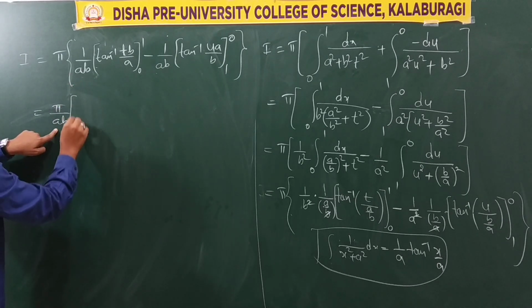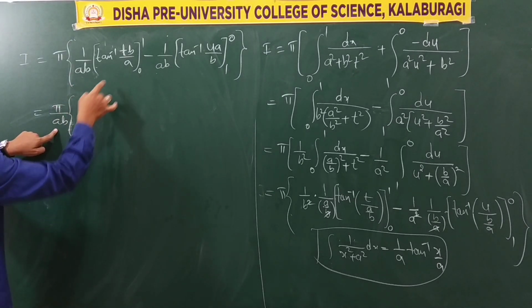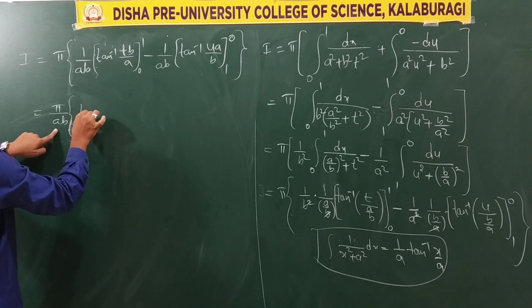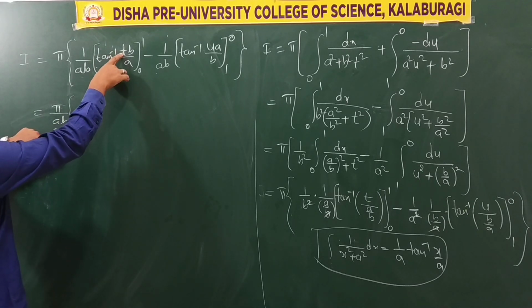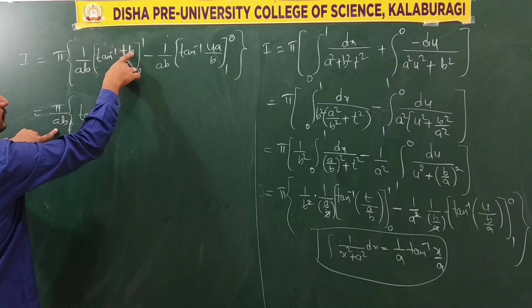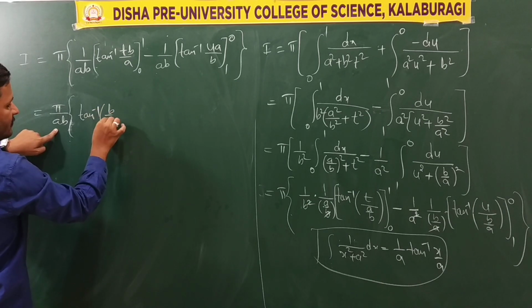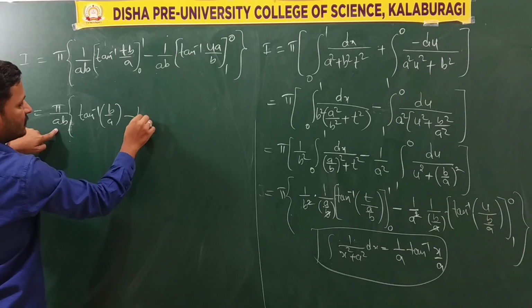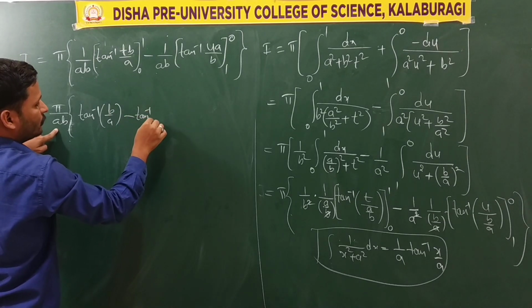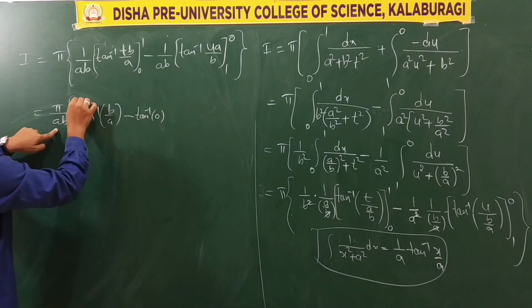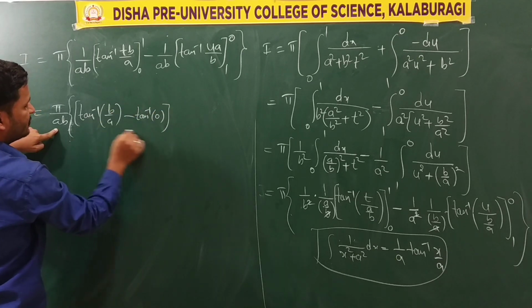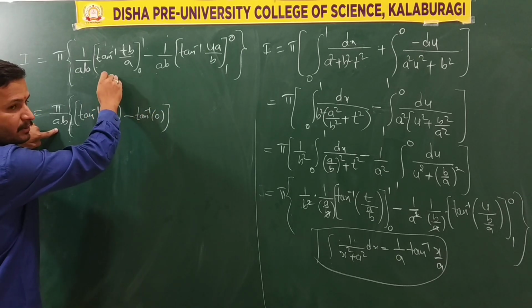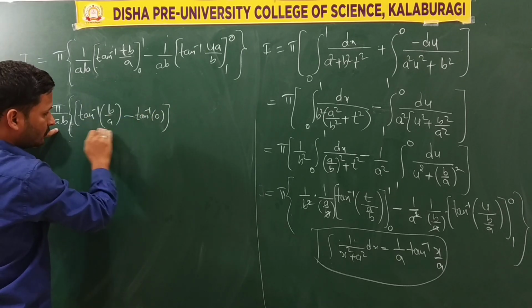So now substitute the lower limit and the upper limit. Tan inverse of t, in place of t the upper limit 1 into b, that is b divided by a, minus tan inverse of 0 into b by a, tan inverse of 0. This is because of this integral. Upper limit and lower limit substituted gives this.